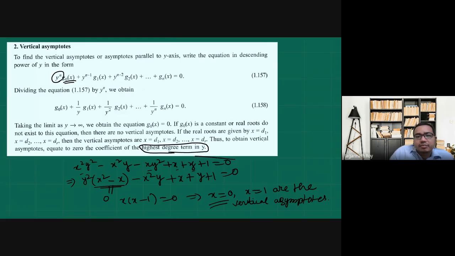This is the given curve. If you put x equals 0 here, then we get 1 equals 0, so it will not satisfy.